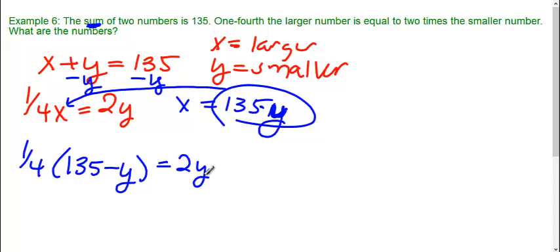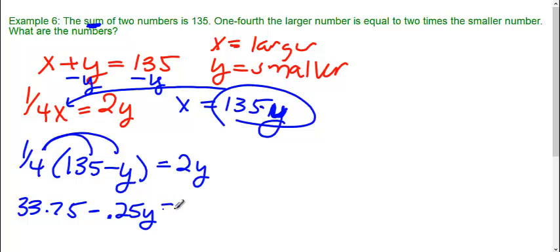And I'm going to solve for this. So I'm going to distribute my 1/4. 1/4 times 135, I get 33.75. 1/4 times negative y, I get negative 0.25y. I'm just going to change it to a decimal, equals 2y. And then I'm going to get y's together, so I need to add my 0.25y to the other side.